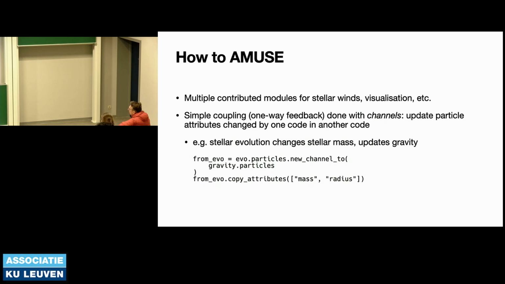And this is how you can do this. So you create a channel from the stellar evolution code to gravity, and you copy the mass and the radius, because those are likely to have changed from stellar evolution, and gravity cares about them.